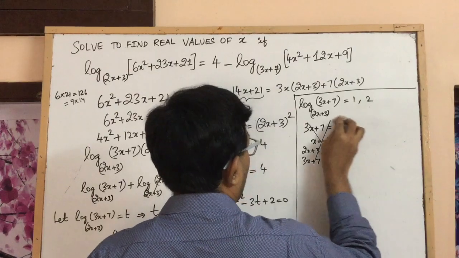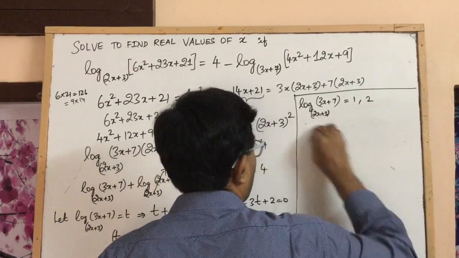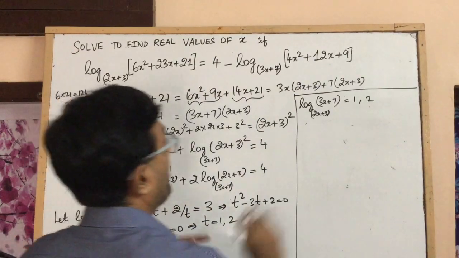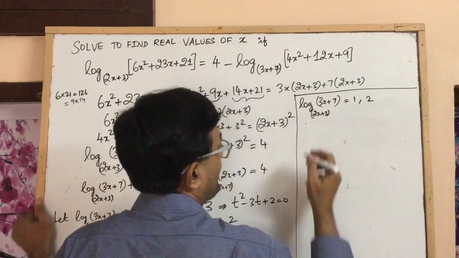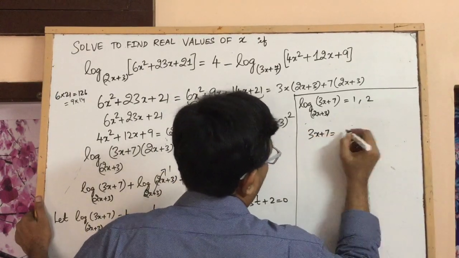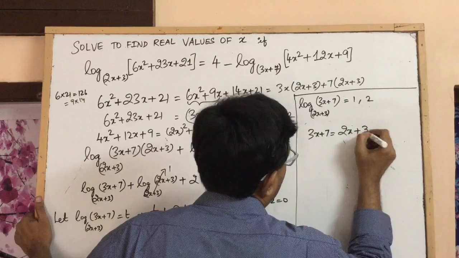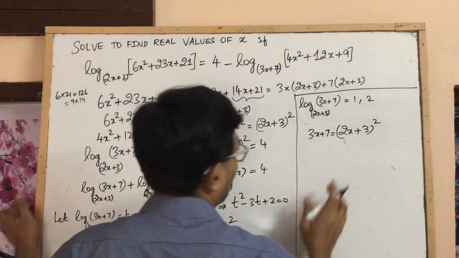Let's look at the other part, that is the logarithm of 3x plus 7 to the base 2x plus 3 is equal to 2. Let's see if we have some solutions there. So that means 3x plus 7 would equal 2x plus 3 the whole squared, using the fundamental definition of logarithms.